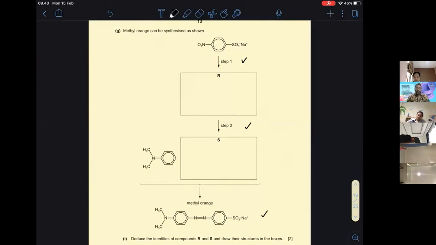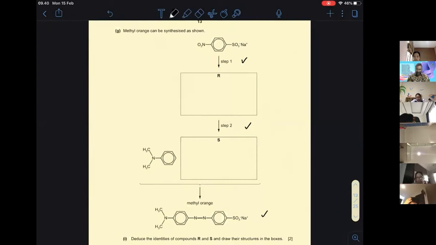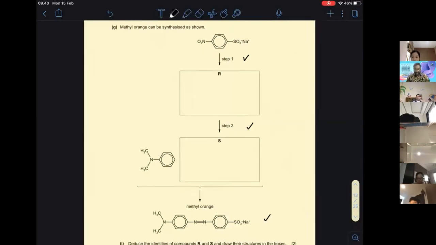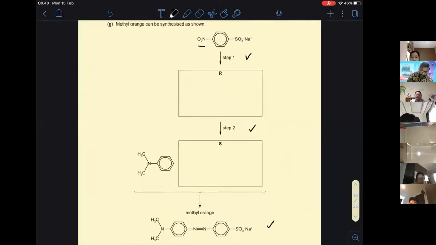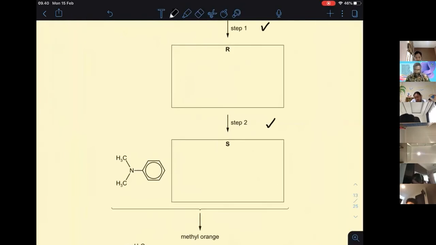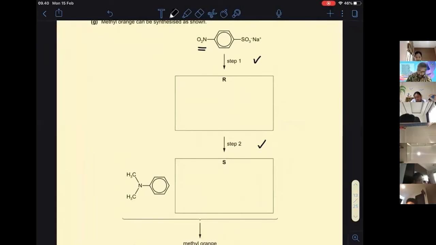Whenever you want to form any form of dye, we have to change the nitro group into an amine, or phenylamine. So the first step that I will suggest is to change it into amine.